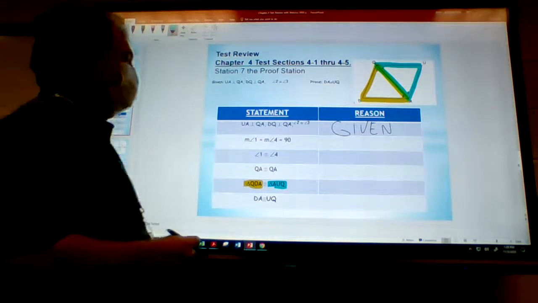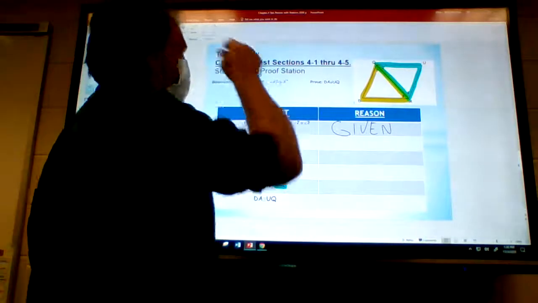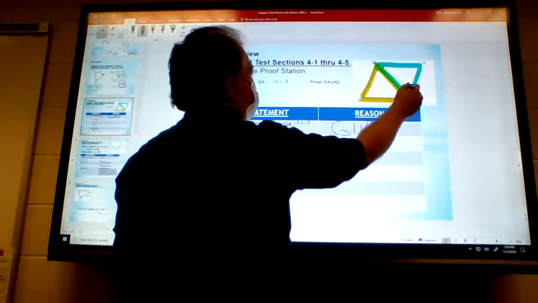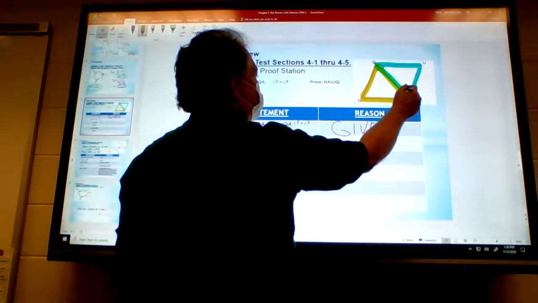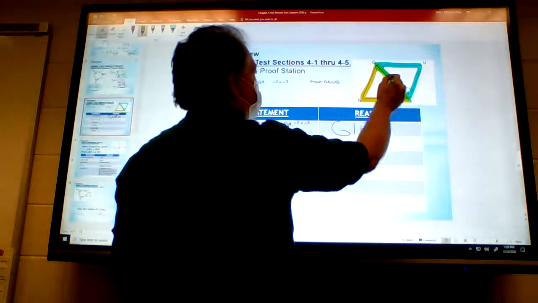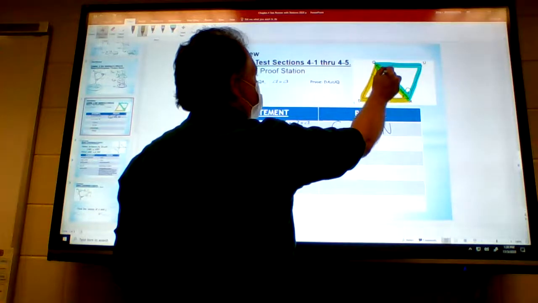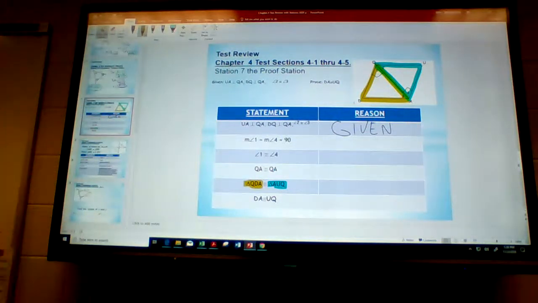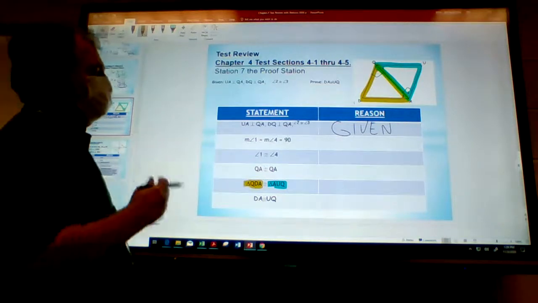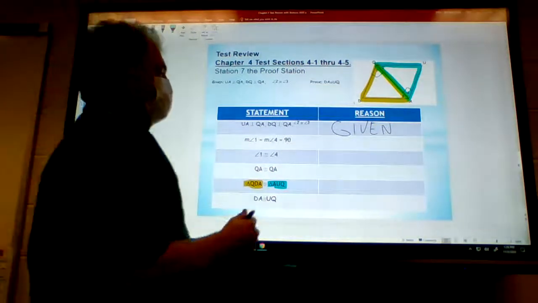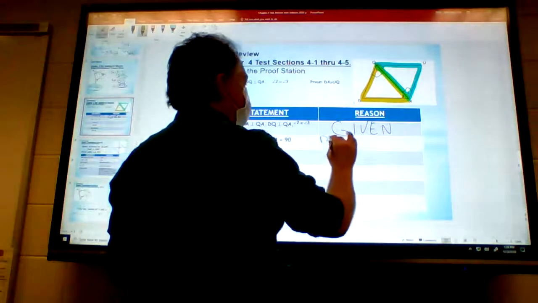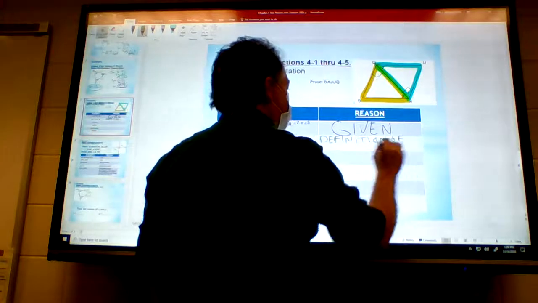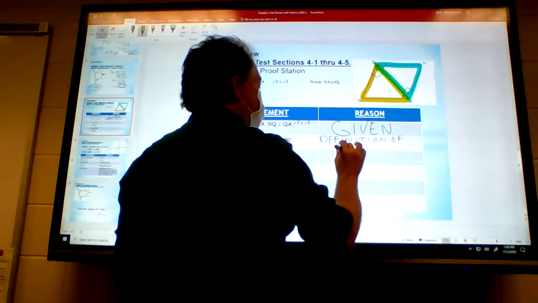But before I do that, I got to prove some other stuff here. Now, a moment ago, we stated that UA right here is perpendicular to QA, so it forms a right angle. And we're also stated that that forms a right angle. So now remember, it's a two-step process to prove that the angles are congruent. You have to first state that they have equal measure, which is by definition of perpendicular.